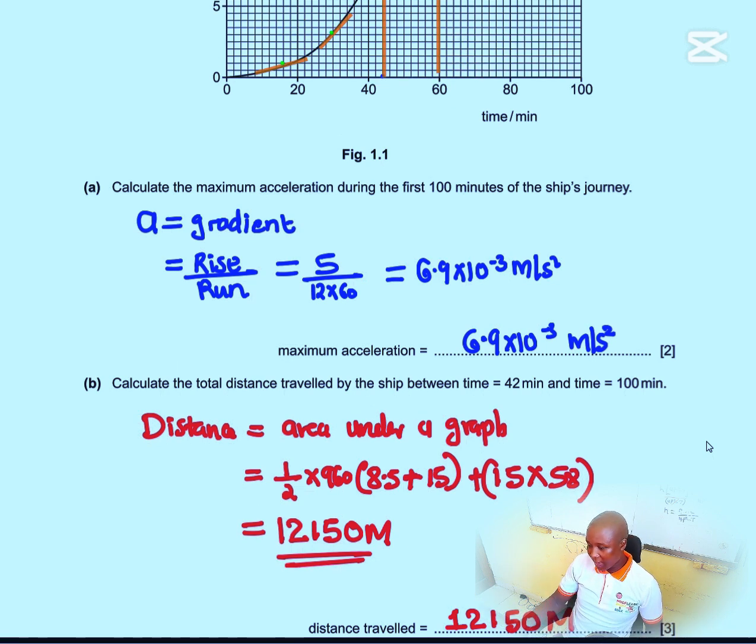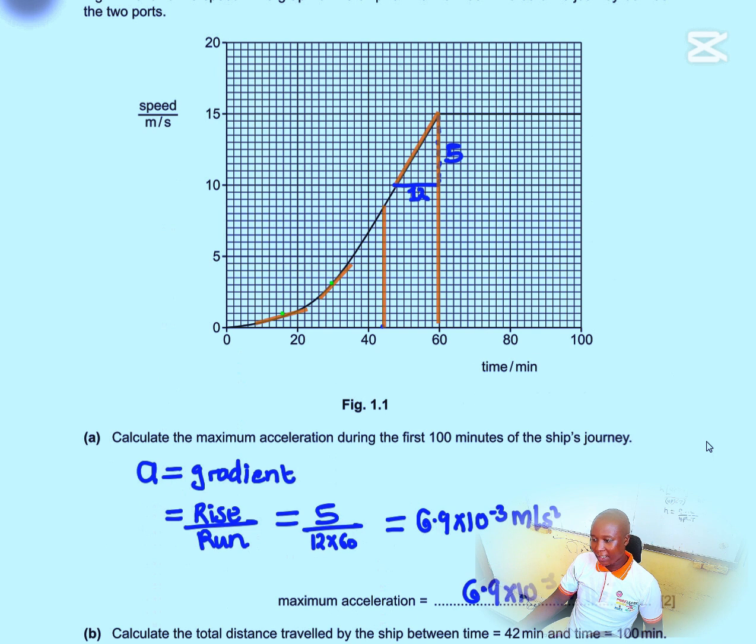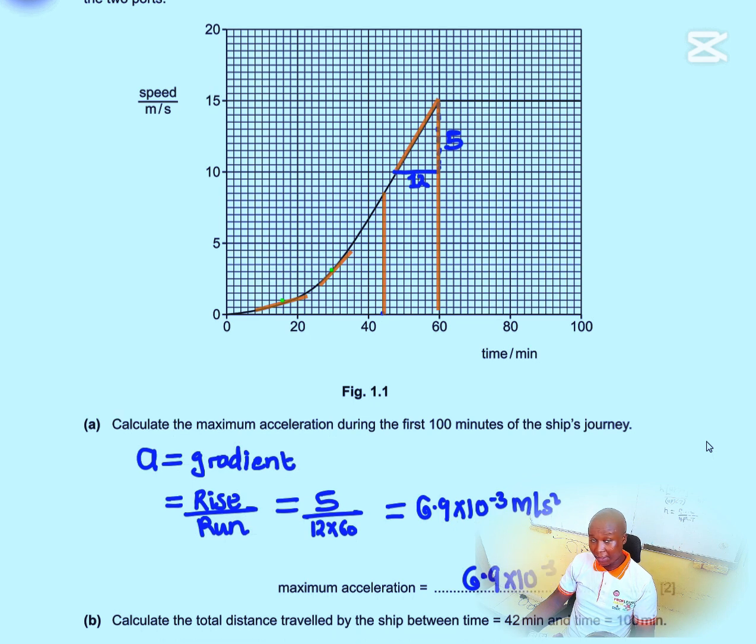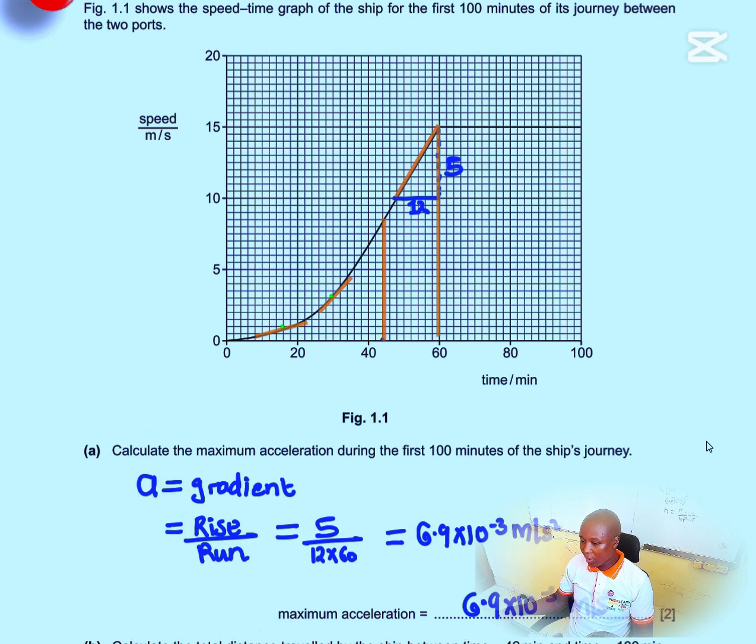If you are given a graph, remember the area under that section represents the distance covered. So we are told to consider 42 seconds all the way to 100 seconds, which means we are going to work out the area of this section here.